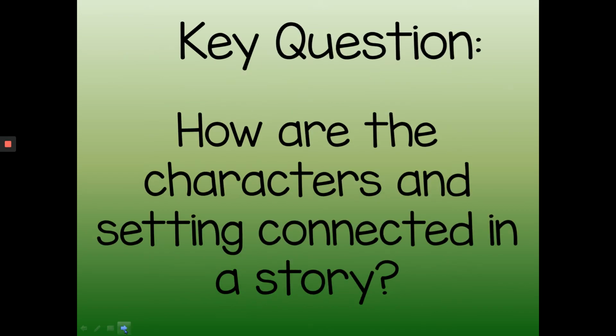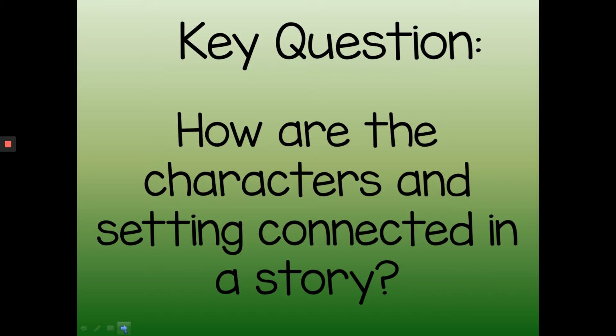The key question that we're going to be working to answer this week is how are the characters and setting connected in a story? The characters and setting are two story elements, and an author picks these things carefully when writing a story. A setting can often create hardships or problems for the characters.